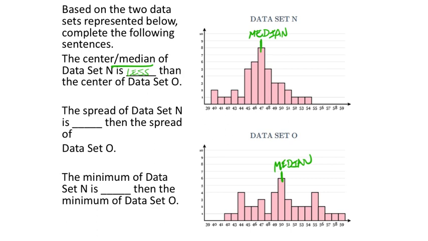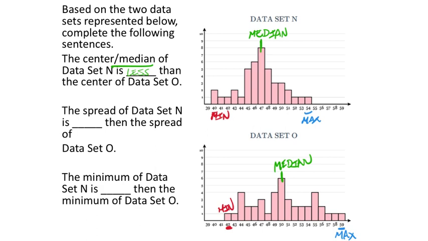Likewise, we can find the spread, so I've got a minimum here in set O at 40, and over here I've got a minimum of 42. On the other hand, we have a maximum for set N at 54, and a maximum here at 59 for set O. Now, you don't actually have to figure out the full spread, right?